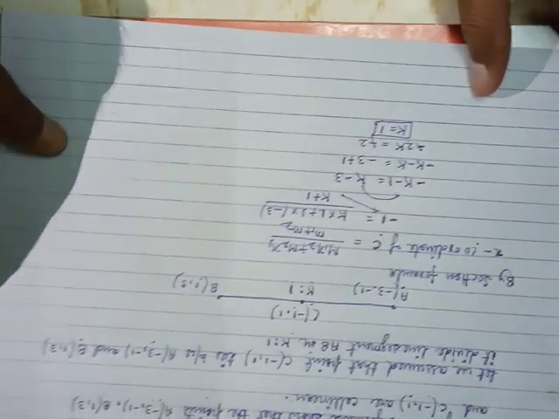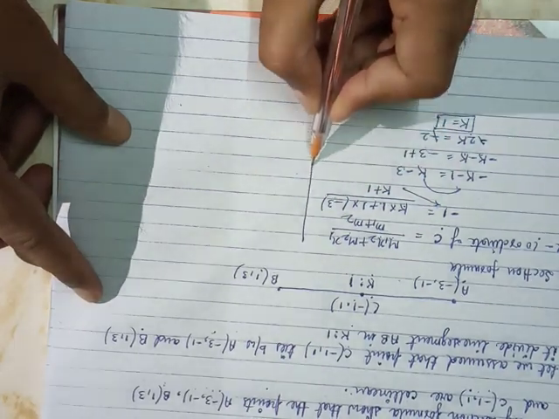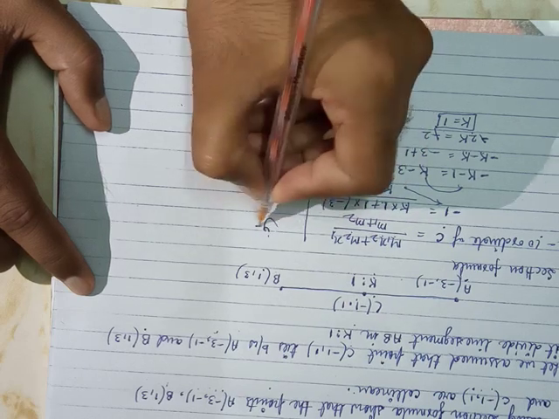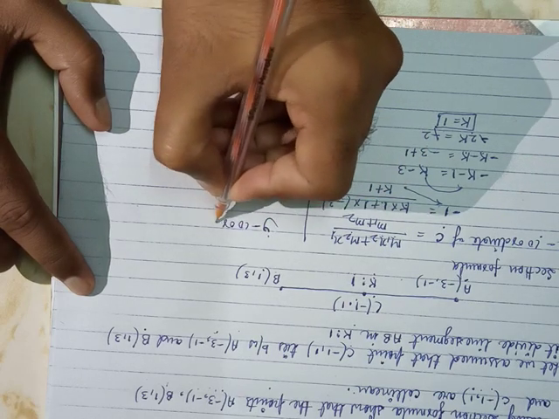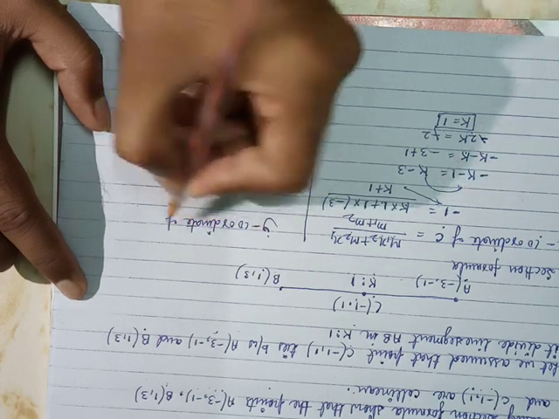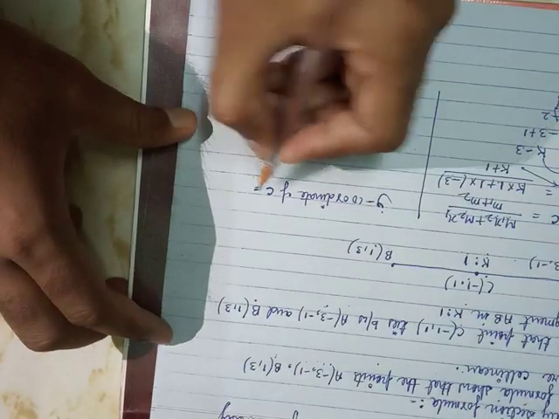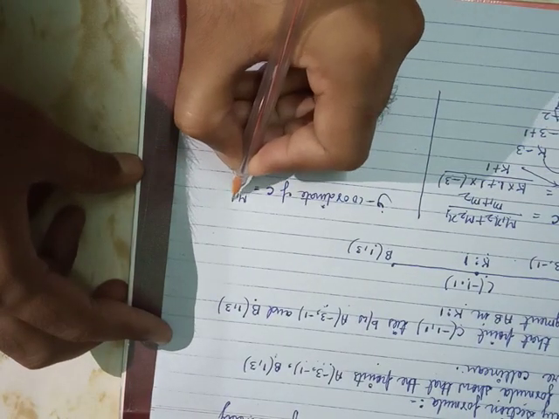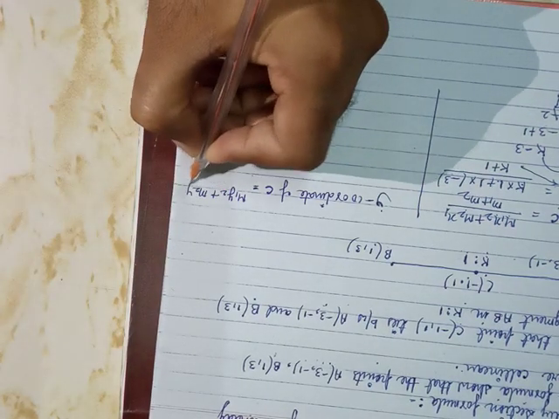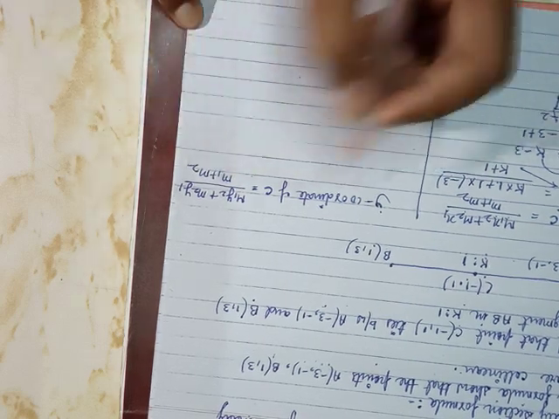Now we will find the y coordinate. The formula for the y coordinate of C will be (m1 y2 + m2 y1) upon (m1 + m2).